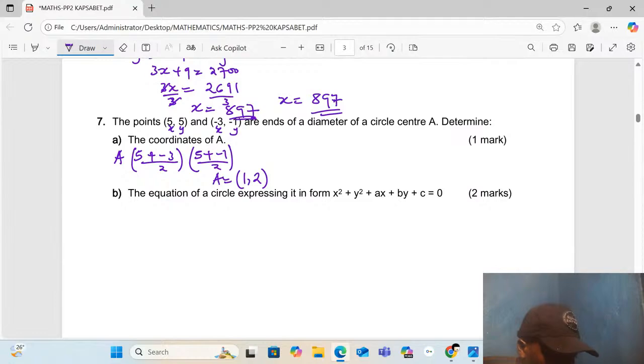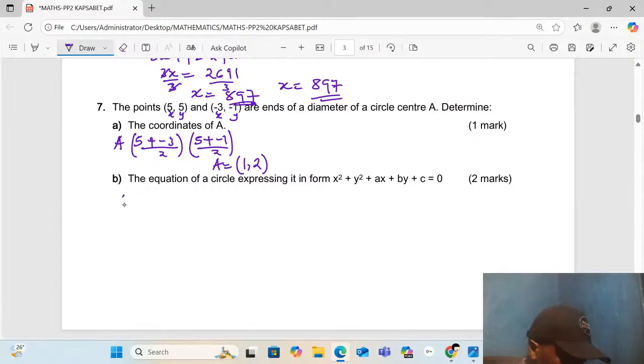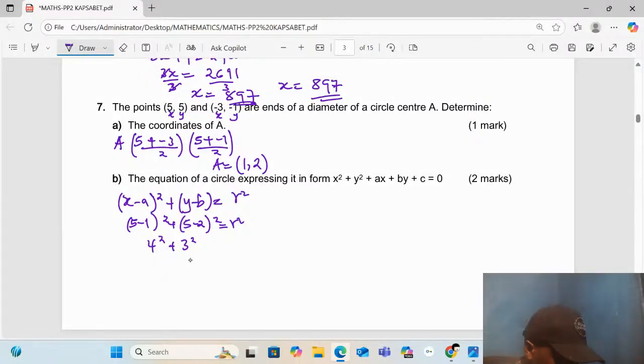Then the equation of a circle expressed in the form x squared plus y squared plus ax plus by plus c is equal to 0. Now we shall use (x minus a) squared plus (y minus b) squared equals r squared.